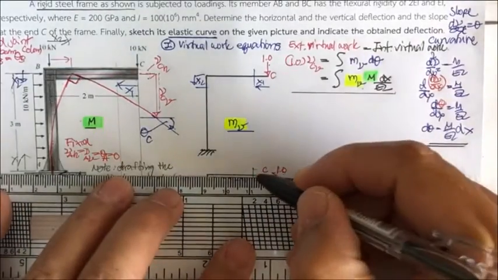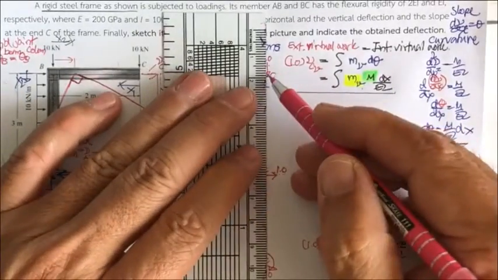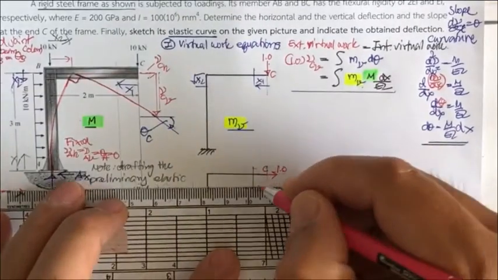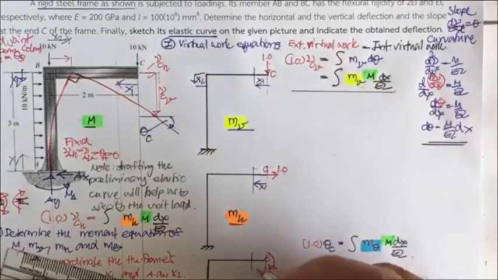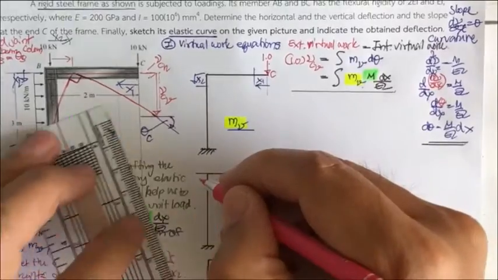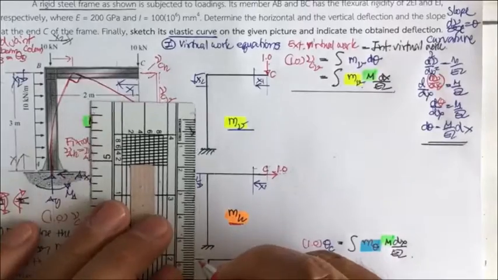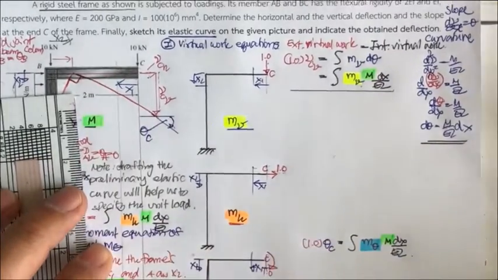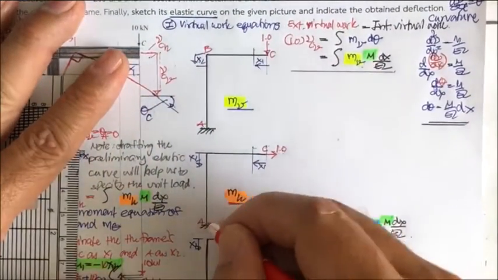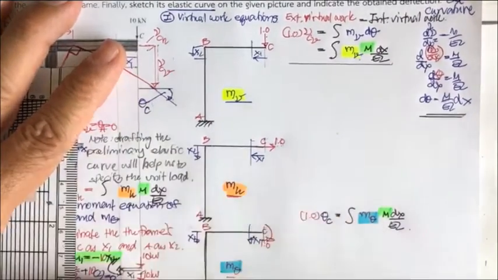So let's put this one into your beam, and this is going to be x1, and this is going to be x1 also, and down here is going to be x2, and here also it's going to be x2, and then your frame is A, B, and C.